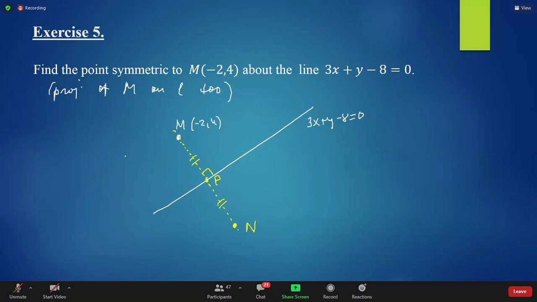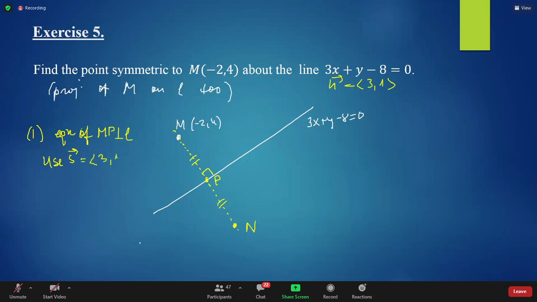So what we do, remember the steps. The first step is we need an equation of the line MP, which is perpendicular to our line. So the normal vector of the given line is 3, 1. And we can say we will use the direction for this new line, the same vector, 3, 1.